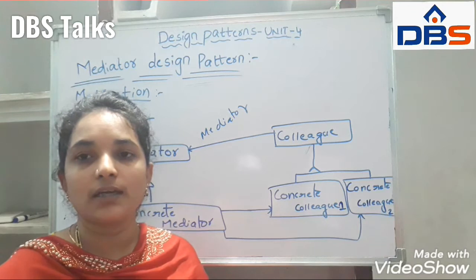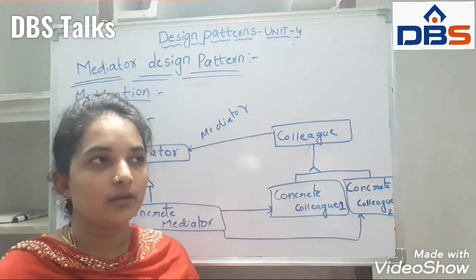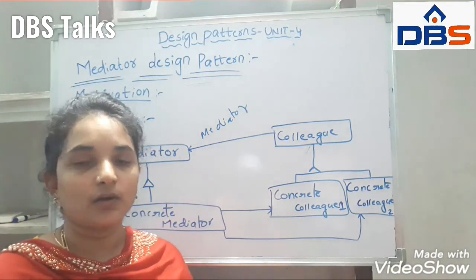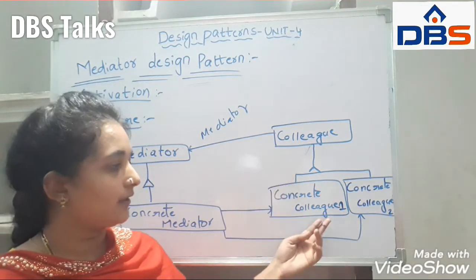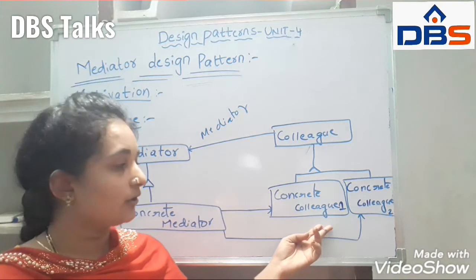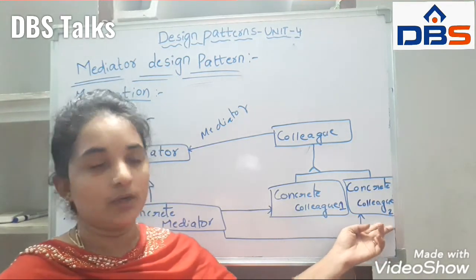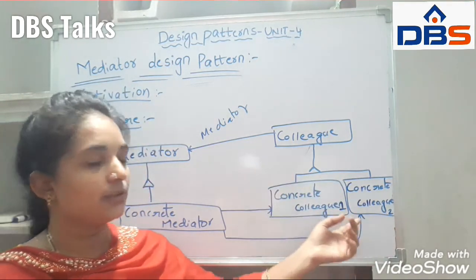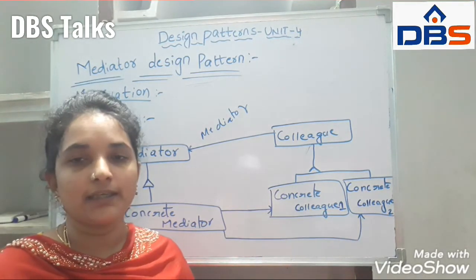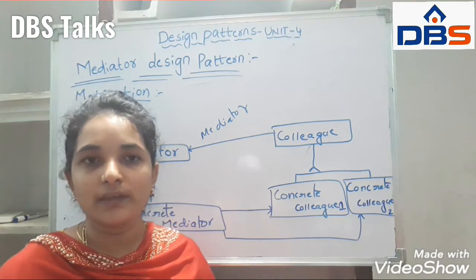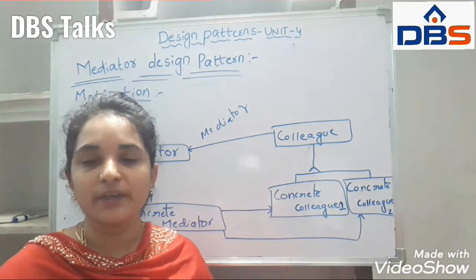In order to reduce that complexity in the communication between objects, if you think of these as an object and concrete object 1 and concrete object 2, and the object wants to communicate with these two directly, the complexity will increase. To avoid that complexity we are going to use the mediator pattern.